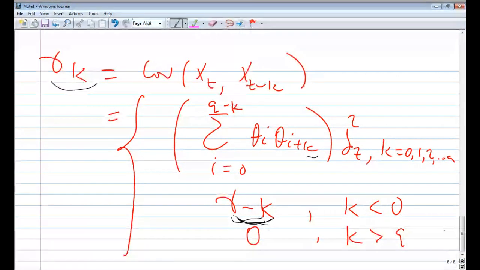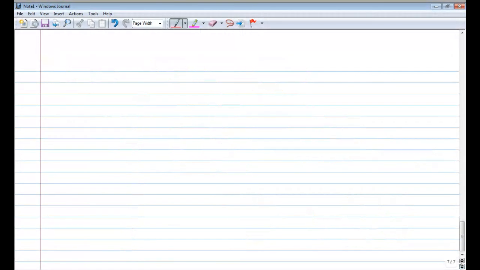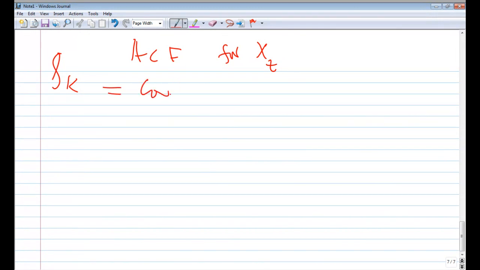In this case, rho k is the autocorrelation function, the ACF for xt, which is defined by rho k, which is equal to the correlation of xt and xt minus k, which is equal to what?